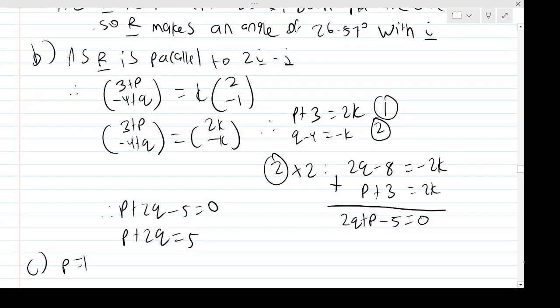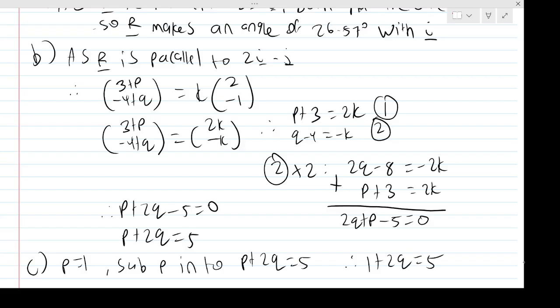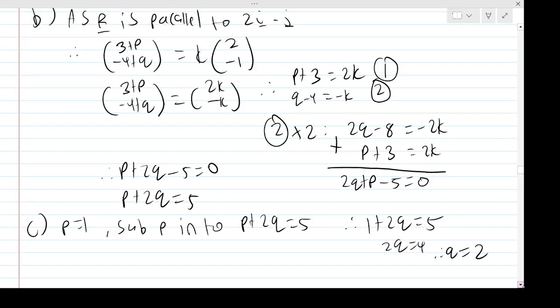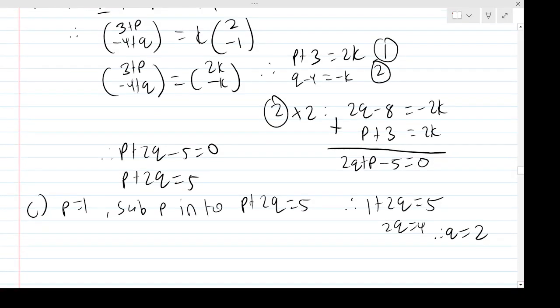Well, actually, we can sub that into this equation here that we just found. So if I substitute P is 1, we get 1 add 2Q is 5. So 2Q is going to be 4. So therefore, Q is 2.